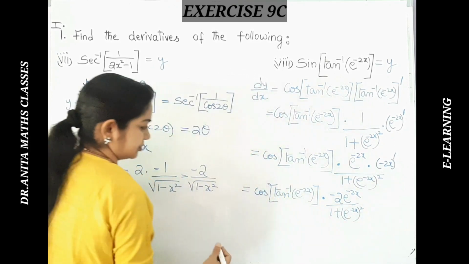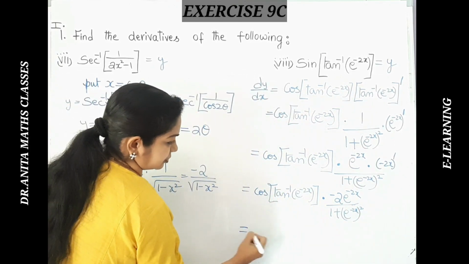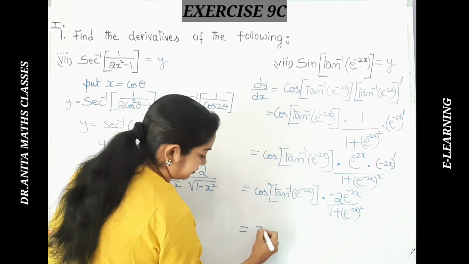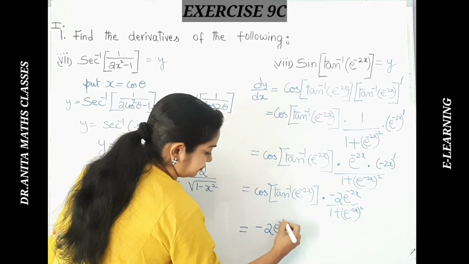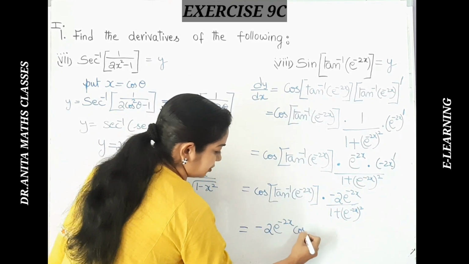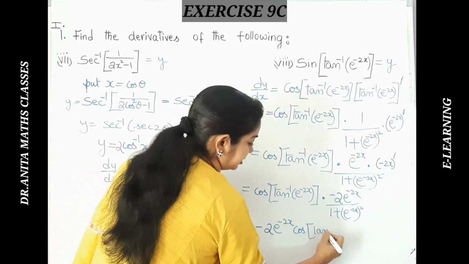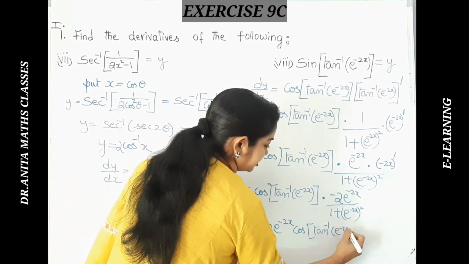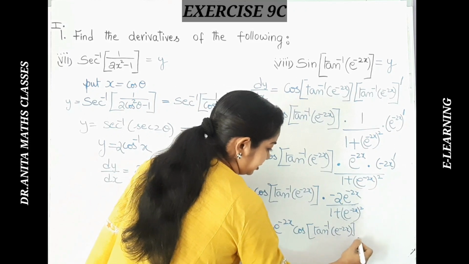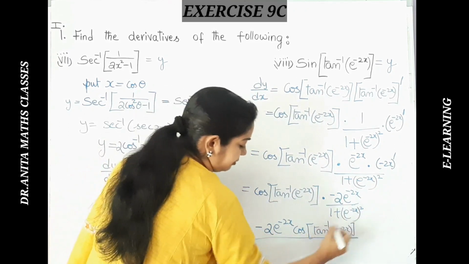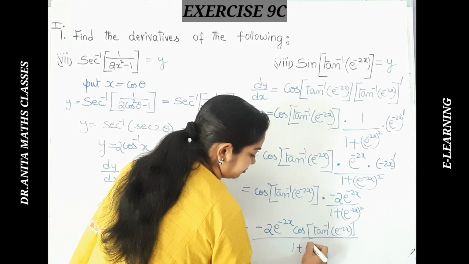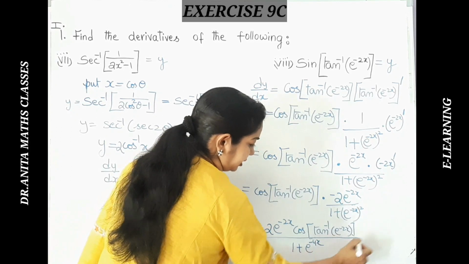You can write it as 4x also. So this simplifies to 2 e to the power of minus 2x cos of tan inverse of e to the power of minus 2x, divided by 1 plus e to the power of minus 4x.